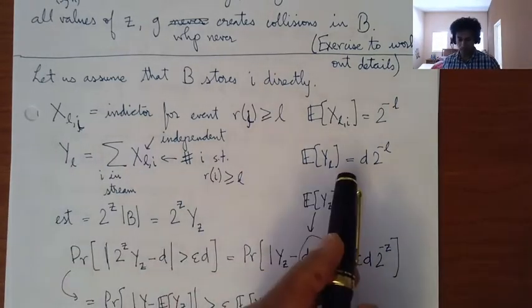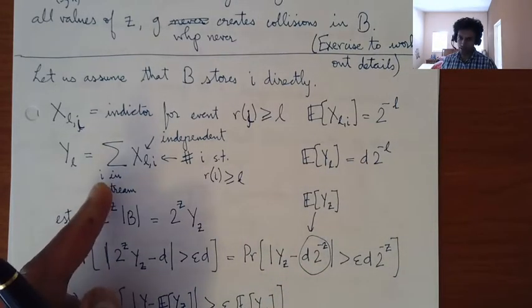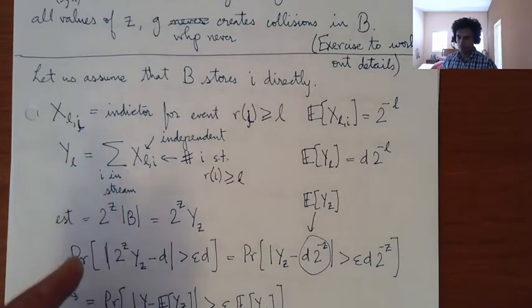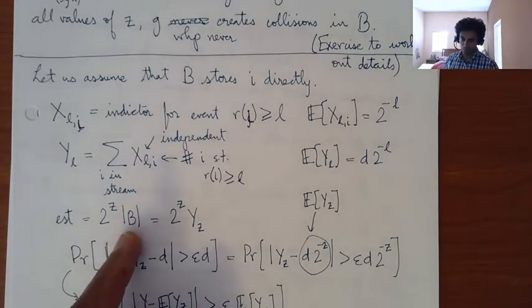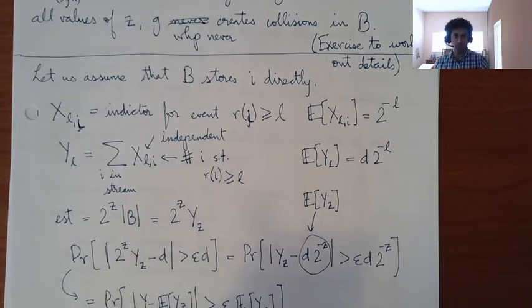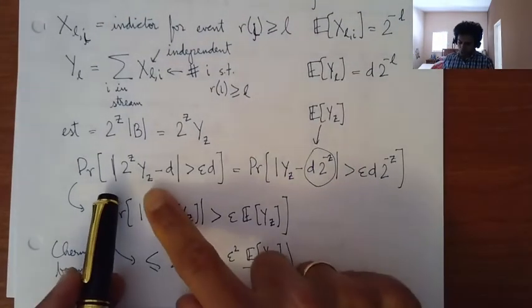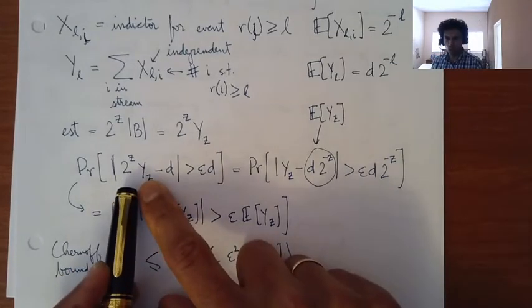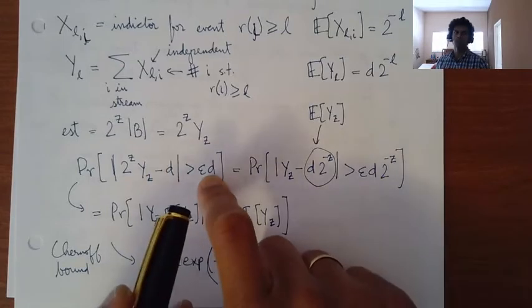Just by linearity of expectation, D is the number of distinct elements, and that is the number of summands. What is our estimate finally? Our estimate is 2 to the Z times B. Now remember that B is just Y of Z. It's the number of elements which have more than Z trailing zeros. And we're trying to understand what is the probability that the deviation is more than epsilon times the true value.